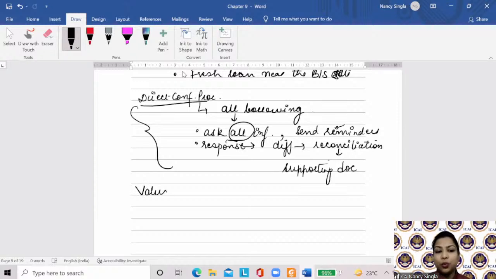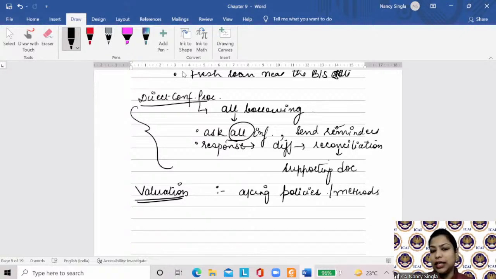Now with respect to valuation of borrowings. Valuation. Okay? So first of all, if you remember, I told you that whenever valuation comes, the auditor has to see the accounting policies, the methods, and whether these are consistent or not. Okay? So just check the accounting policies, the methods that have been followed.